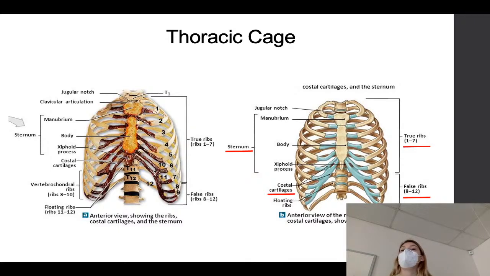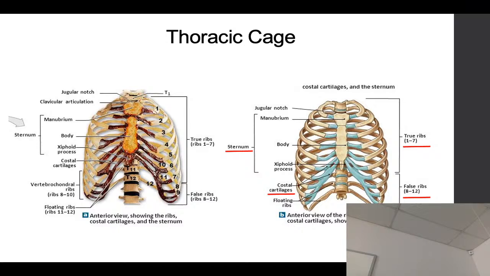We also are going to have, so all of this blue, which this is an actual view, all that red, is our costal cartilage. And this cartilage is what connects the ribs to the sternum. So what makes them true ribs is that they have their own singular connection to the sternum.